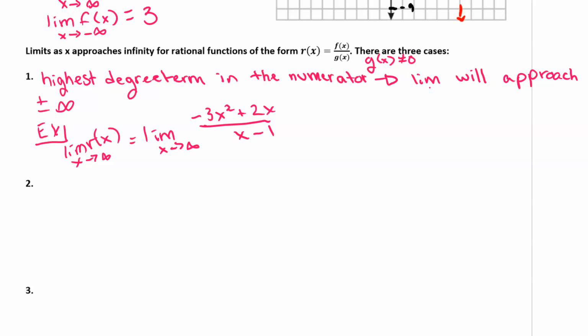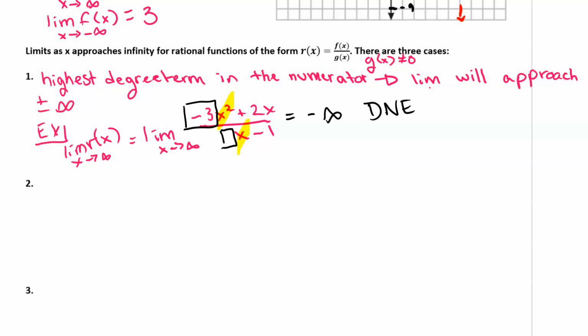So the highest degree term in the numerator is the x squared, since the exponent is largest there, and the highest degree term in the denominator is x to the 1. So the numerator has the largest degree term, so it's going to approach infinity, and since it's a negative here and a positive here, that's going to approach negative infinity. But in most cases, we're just going to say it does not exist.